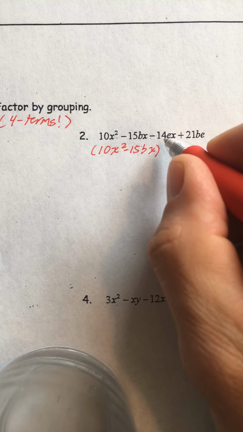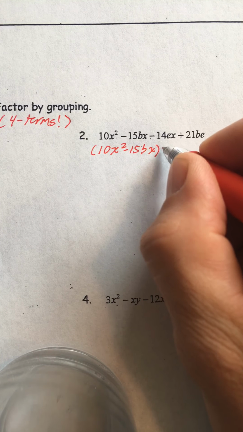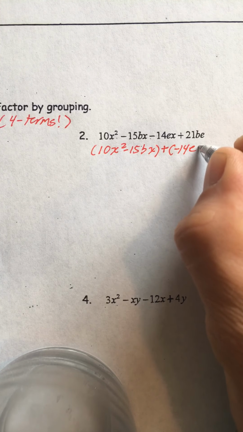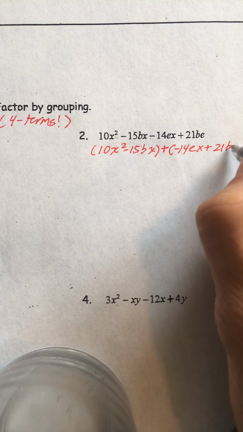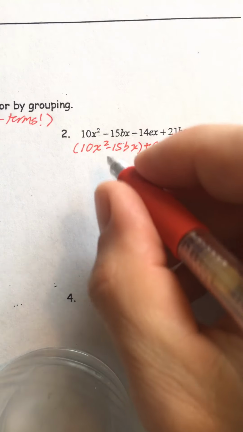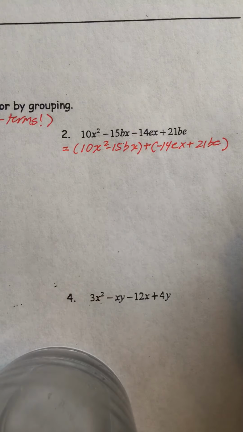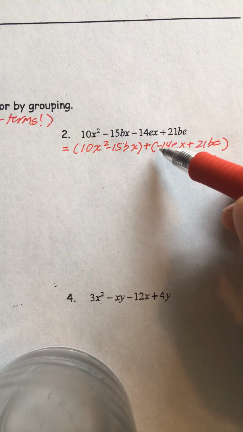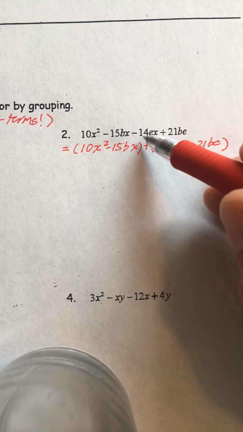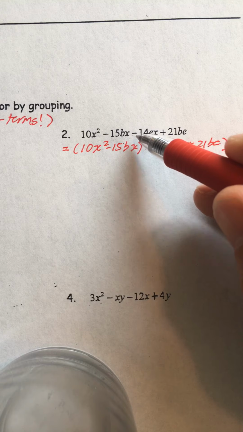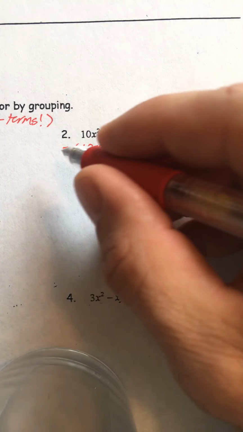That negative I'm going to put with the 14, so that means there's now a plus here. And now I'm ready to start the process. We just rewrote the given polynomial, particularly the third term, as adding a negative, which is the same as subtracting.